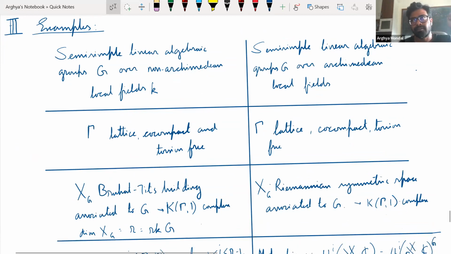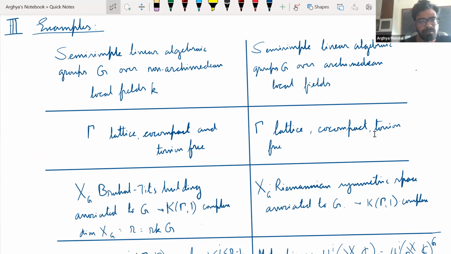But the problem is that for the groups for which it is known that they are n-Kazhdan, it is also known that the associated simplicial complexes will be higher expanders. So these groups are, let us look at the left-hand side of this column, semi-simple linear algebraic groups over non-Archimedean local fields.